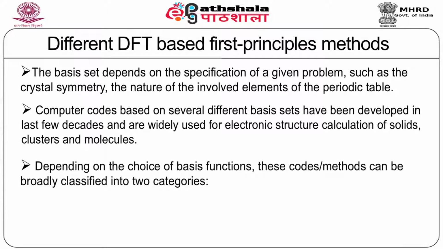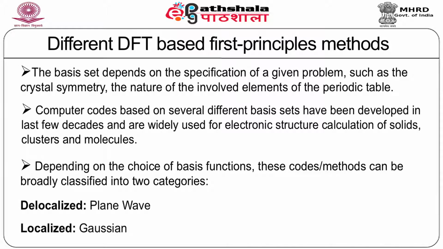Depending on the choice of basis set, these codes or methods can be broadly classified into two categories, such as those based on the delocalized nature of the wave function, as I mentioned in the introduction, and those based on the localized nature. We shall discuss as an example of the former the plane wave basis set, and the Gaussian basis set as the example of the latter.